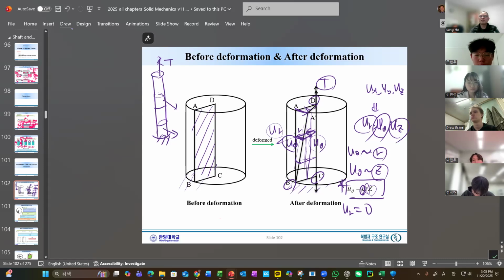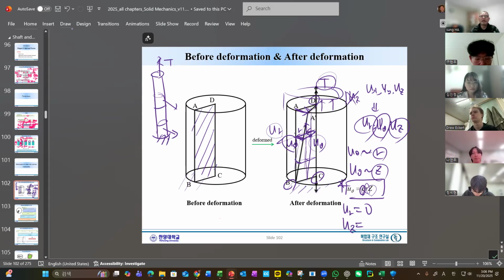How about the UZ? When we have a T, will this move upward? This is a UZ. No. This plane remains a plane and does not extend or expand in the R direction. Only rotation when subject to a torsion.